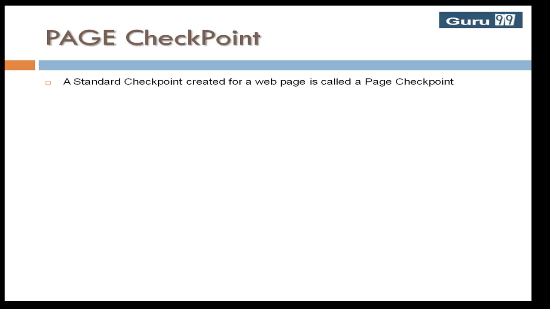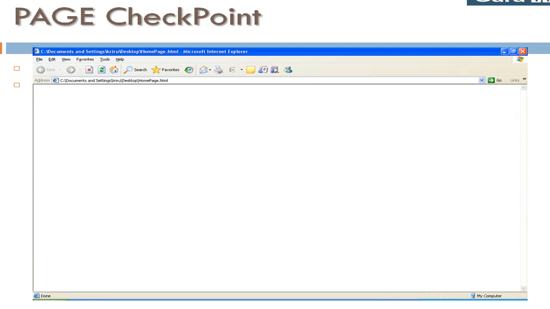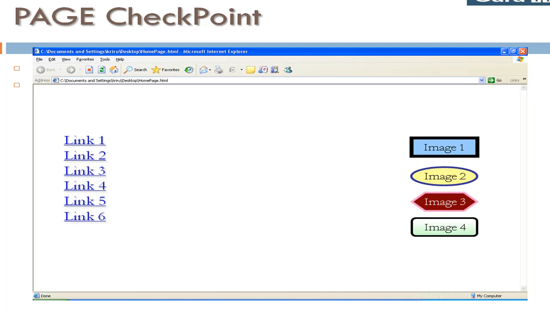A standard checkpoint created for a web page can be called a page checkpoint. It is used to check the total number of links and images on a web page. Suppose in your web page you have 6 links and 4 images.